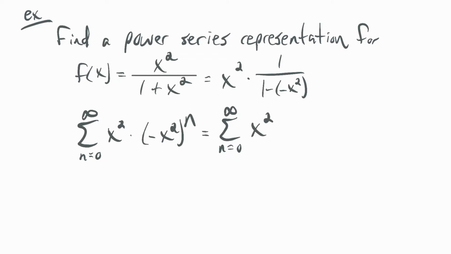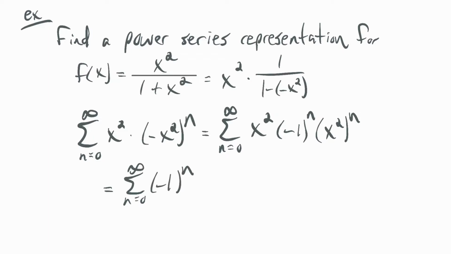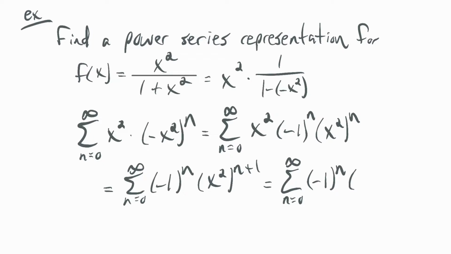So x squared times -1 to the n times x squared to the n power, which I could write as the sum as n goes from 0 to infinity of -1 to the n times x squared to the n plus 1 power. And if I want, I could do it this way. If I want to do it that way, I can do that.